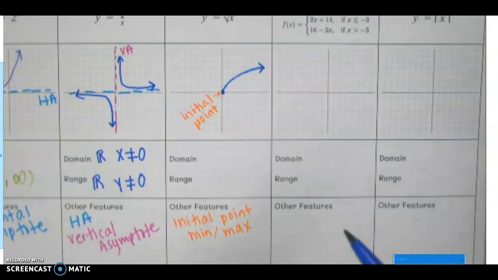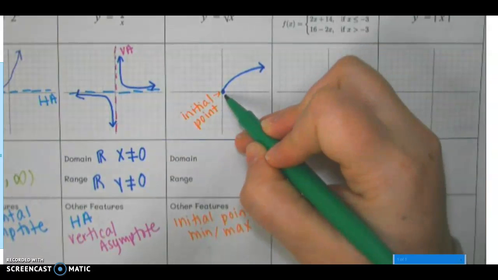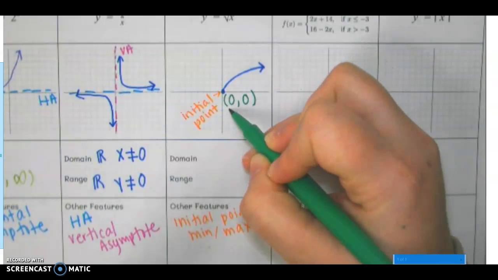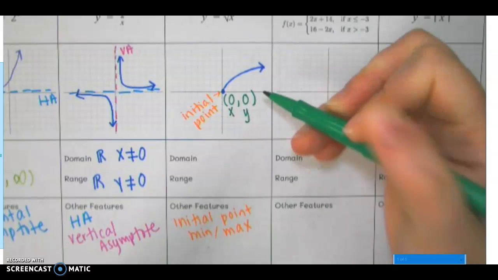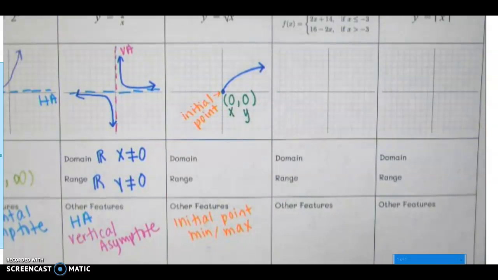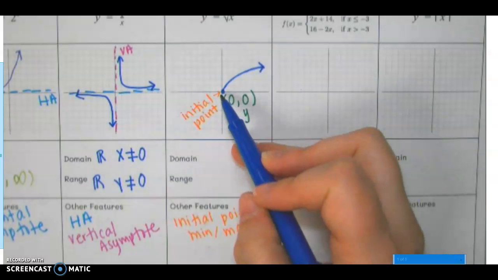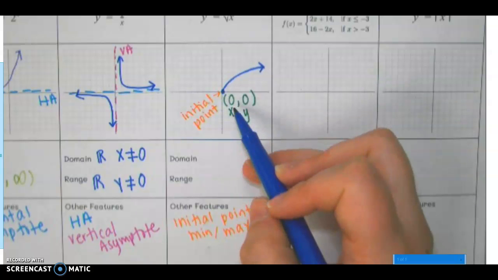All right, so the domain is actually not going to be negative infinity to positive infinity because I don't have an arrow to the left. This is the point 0, 0, and so the x goes with the domain, the y goes with the range. So the domain, this point is the furthest to the left, and that x is 0.